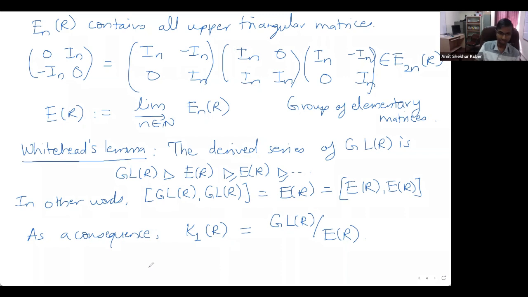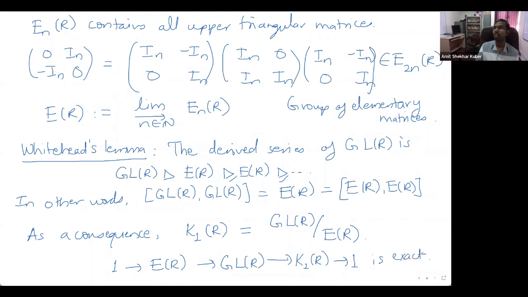In other words, what can we say? 1 to ER to GLR to K1R to 1 is exact in the category of groups. Okay, any questions so far?